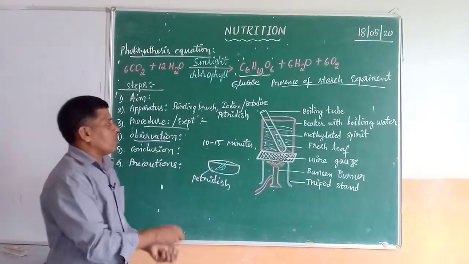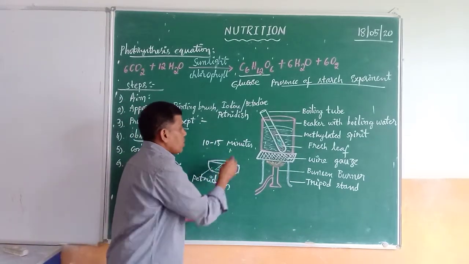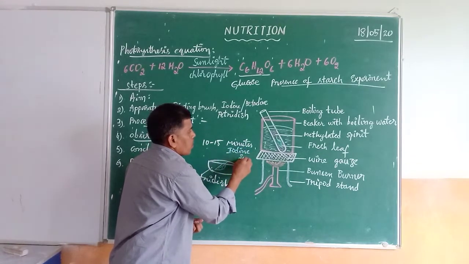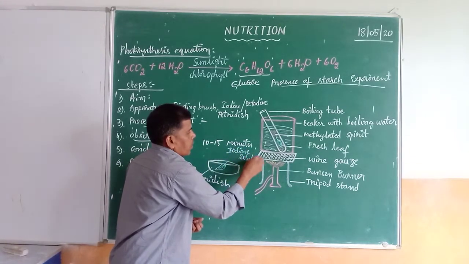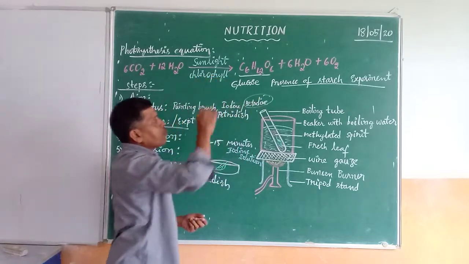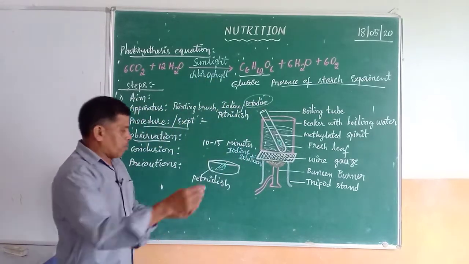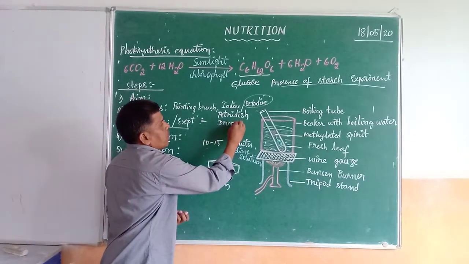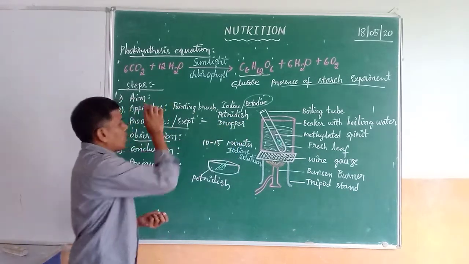Now use the chemical. What is the chemical we are going to use here? Iodine solution. Or we can use one more solution, that is beta-adenine solution. By using a dropper. Dropper is also one of the apparatus we are going to use here, so let's list it out under the apparatus.